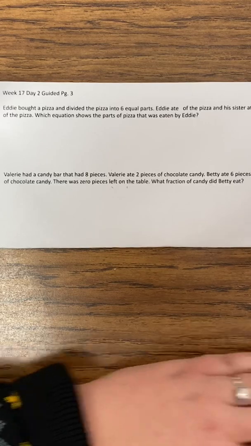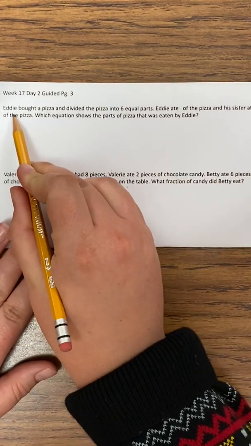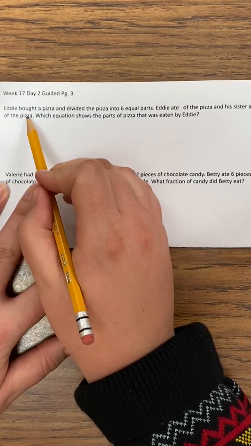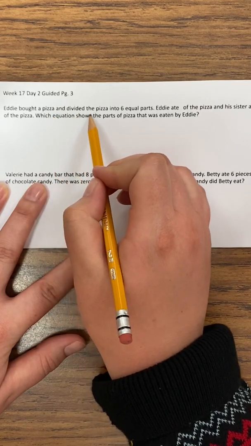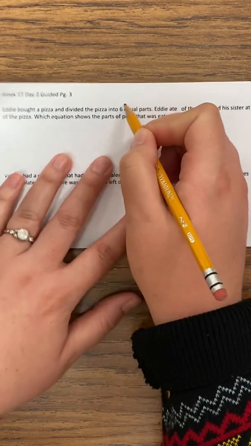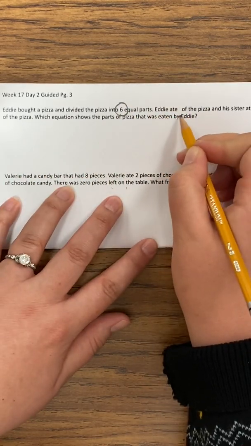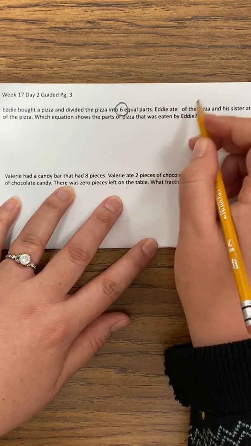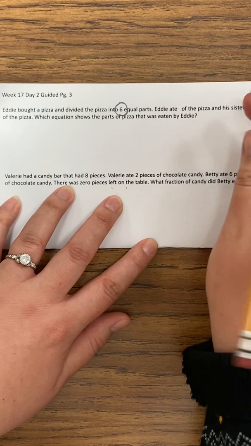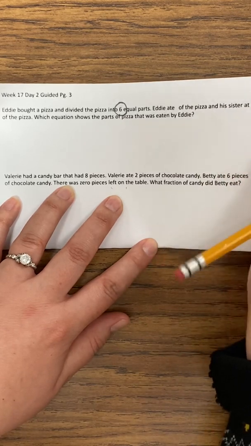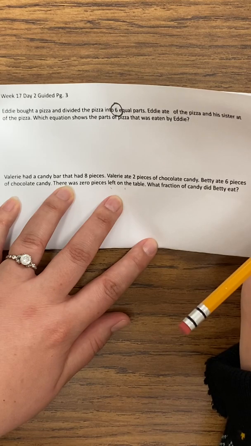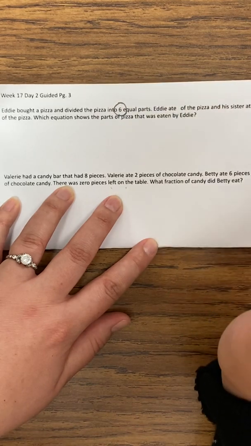Okay, so let's read this problem right here. Eddie bought a pizza and divided the pizza into 6 equal parts. Okay, 6 equal parts. Eddie ate... Oh my goodness, it's not even showing us the fraction. All right, well, I'm going to make it up.